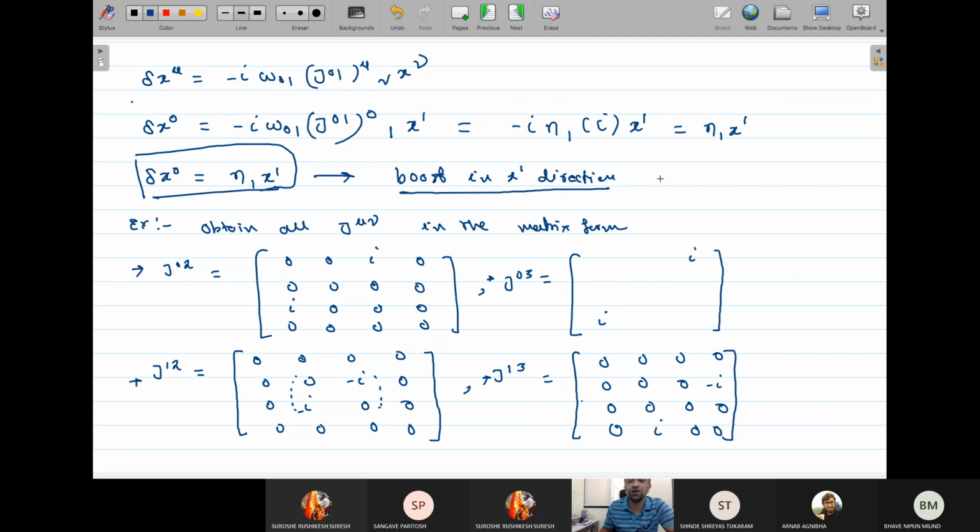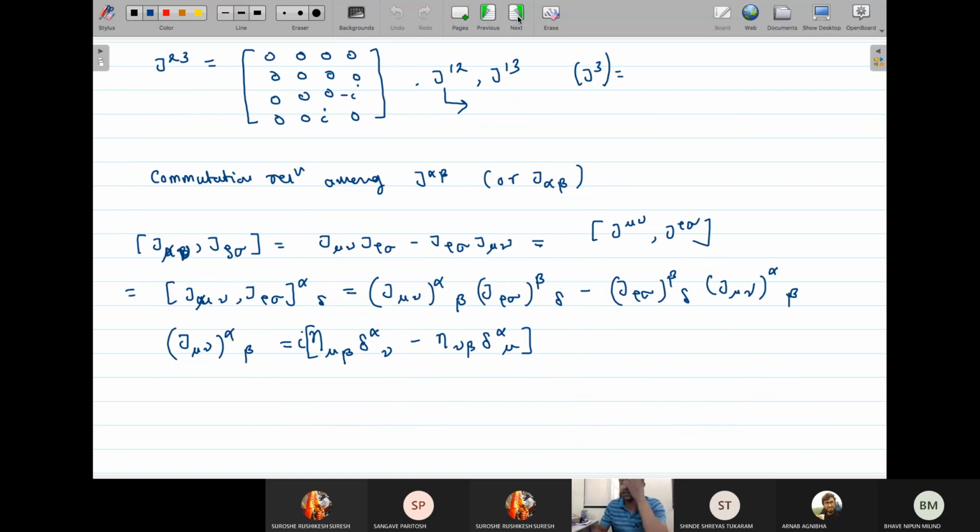I can take a boost along the x2 direction, a boost along the x3 direction. I can take a rotation in the x1, x2 plane, a rotation in the x1, x3 plane, and so on. In each case, these parameters will be different, so you have to use different J's. So you should know all these J's.